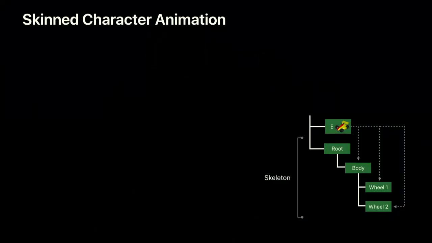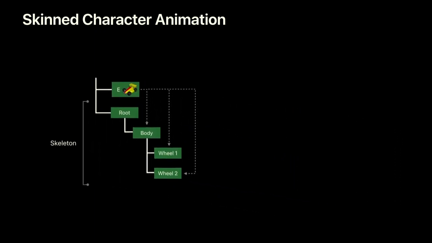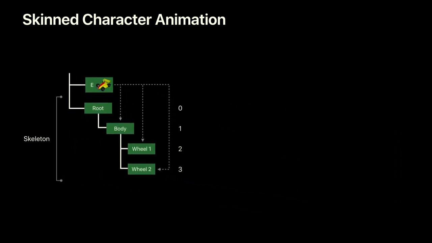So there's more data involved in order to encode the skeleton separately from the geometry and other transformations that are going on. And that's the skeleton down there at the bottom of the diagram. Let's just isolate it. So as we did before, we're going to traverse the graph and assign indices according to traversal order, 0, 1, 2, 3.